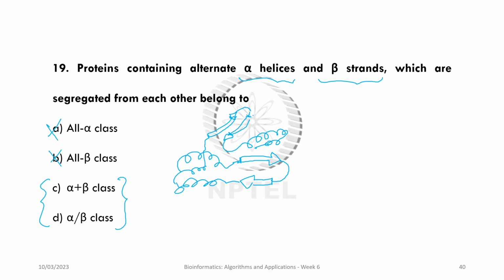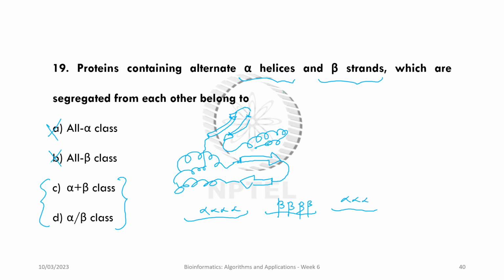So when you have both alpha helices and beta strands, they're going to wind around each other. But in alpha plus beta, you're going to have stretches of alpha helices and stretches of beta strands, beta sheets, followed by stretches of alpha.